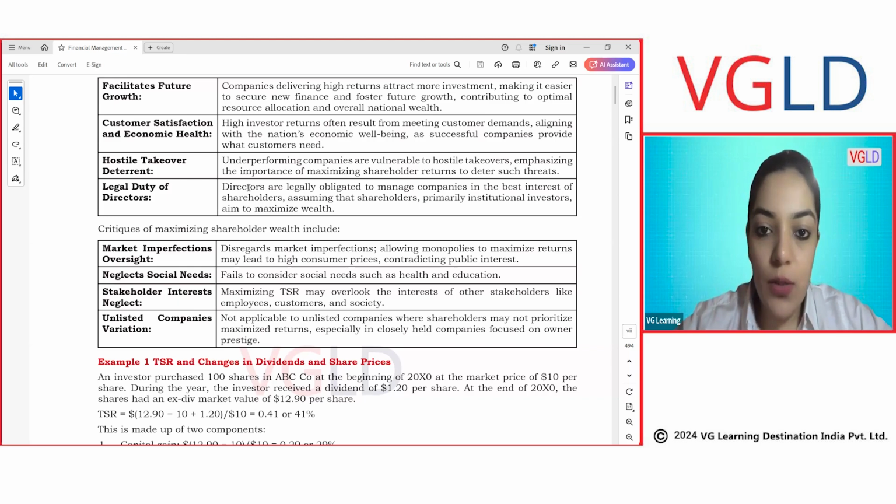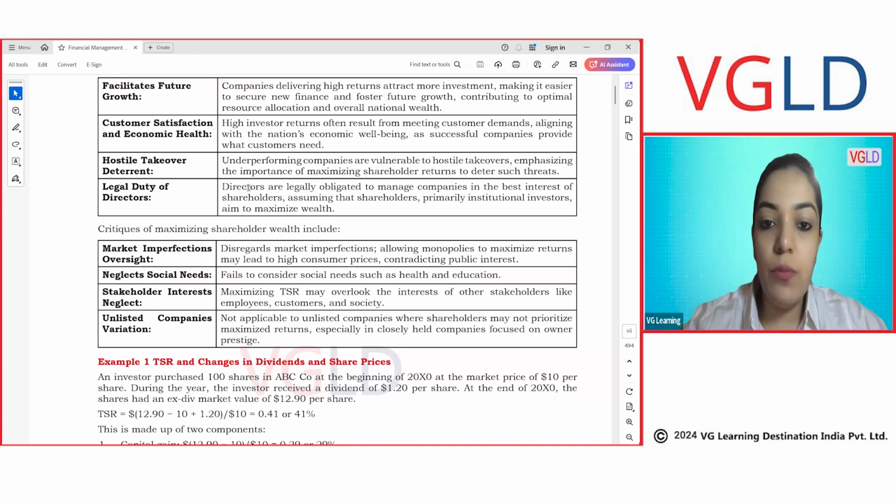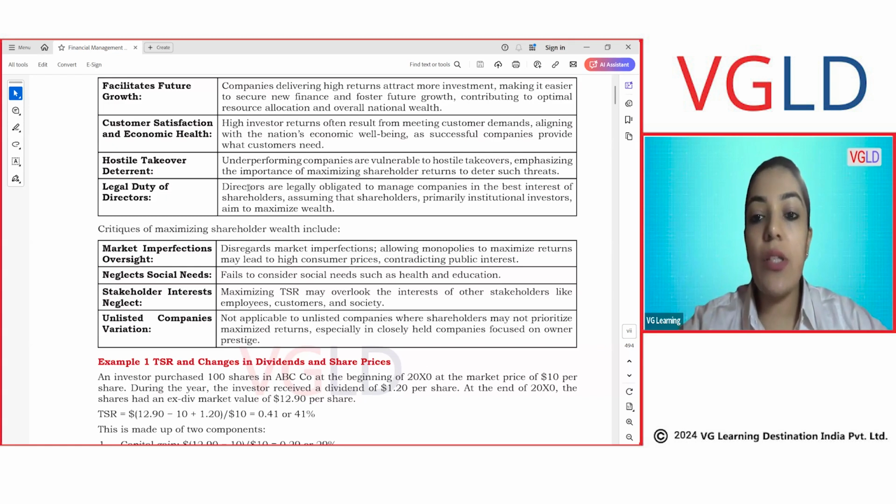So, first point was market imperfections, oversight. That means if you just aim or focus on maximizing the shareholders' wealth, then you are gonna disregard the market imperfections. As I told you, market imperfections means what? In an ideal market, when there is a competitive industry, competition ensures fair pricing and efficient delivery of services.